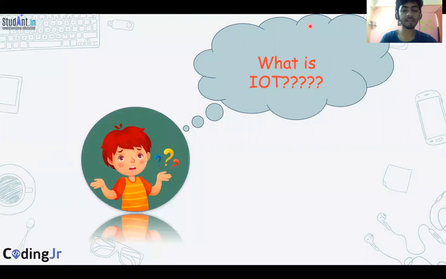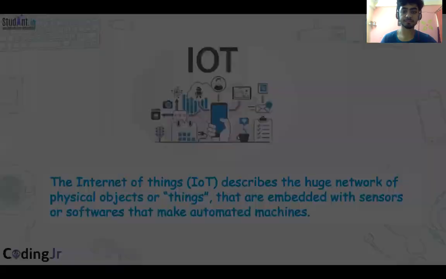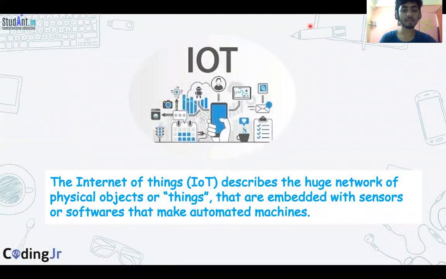So what is the actual definition or meaning of IoT? IoT stands for Internet of Things. As the name suggests, Internet of Things. With what devices can we mainly access the internet? We can access the internet through mobile, computer or laptop, right? These are the main devices through which we access the internet.